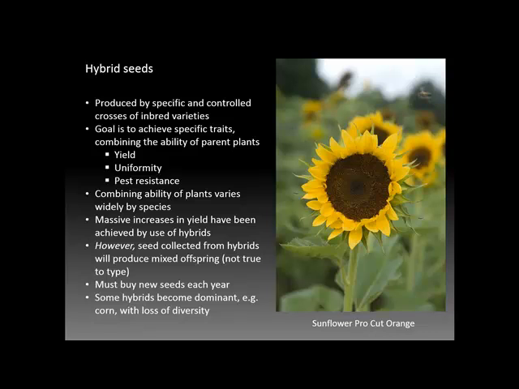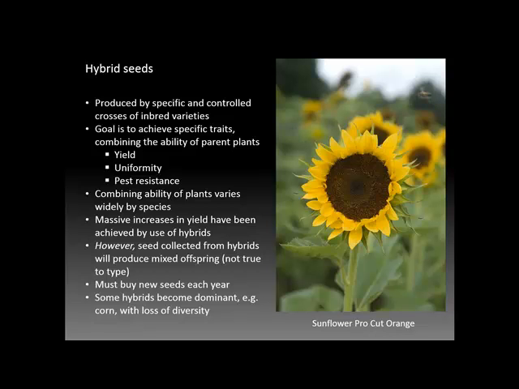Those industrial practices use hybrid seeds, and hybrid seeds are produced by very controlled breeding processes, crosses of inbred varieties, which occurs to produce predictable genetics. The goal is to achieve specific traits combining the abilities of the parent plants.